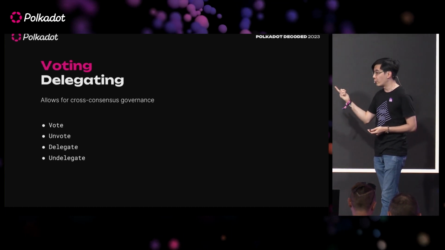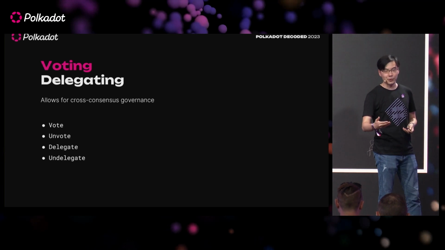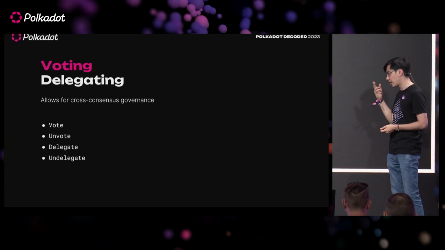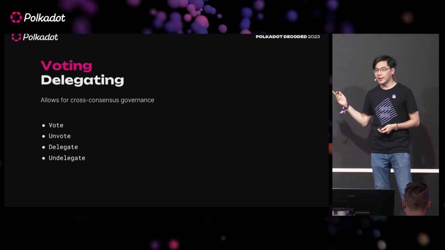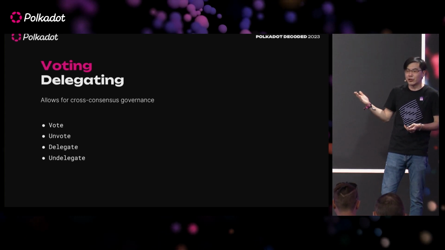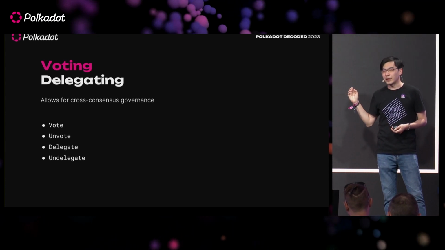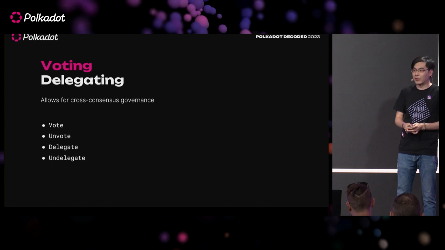So you have vote, unvote, delegate, and undelegate. As I'm explaining this, I do get the feeling that delegate and undelegate might not be used in each and every use case. In which case, you can choose not to implement delegate and undelegate on your chain, and that'll be fine as well.